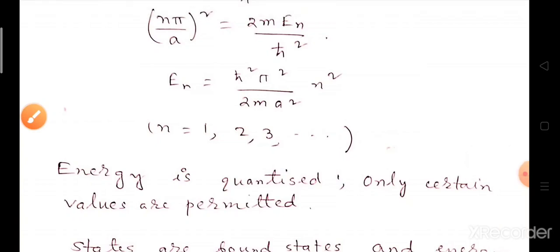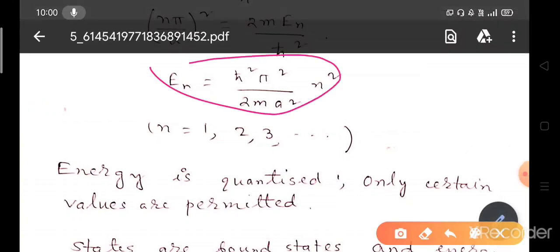Look here, this is the quantum mechanical way of thinking. You are seeing this expression of the energy eigenvalue that is dependent on n squared, the quantum number. n is discrete here, that is 1, 2, 3. Only certain values are possible for the energies.